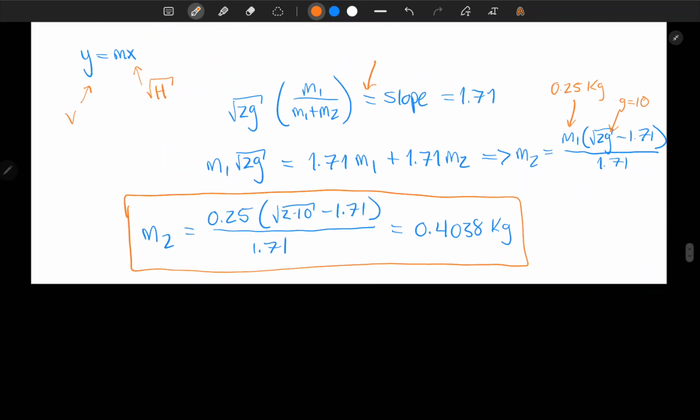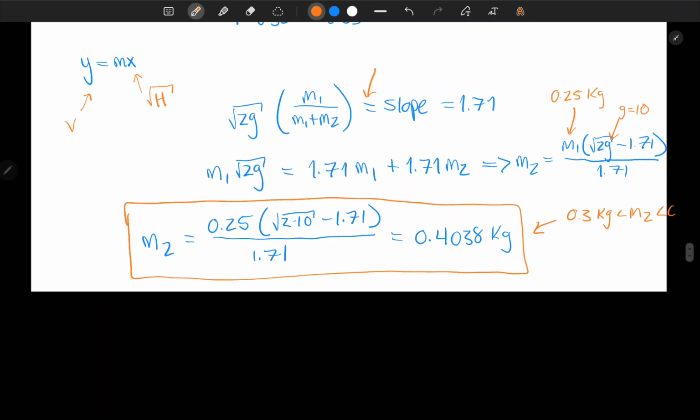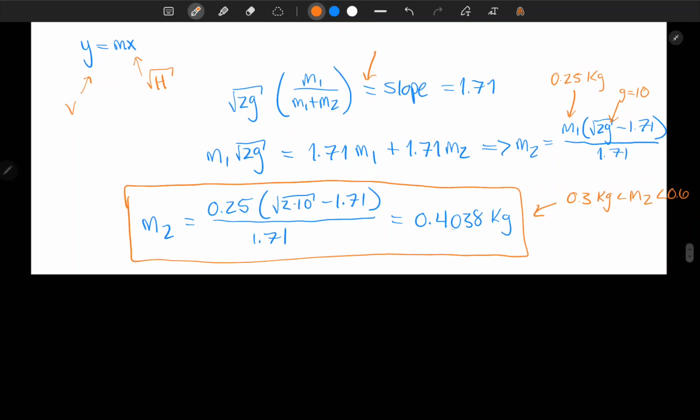Finally, students get 1 point for having a mass m2 which is somewhere between 0.3 kilograms and 0.6 kilograms. And since 0.4 is between 0.3 and 0.6, we find that this is a perfectly valid solution.